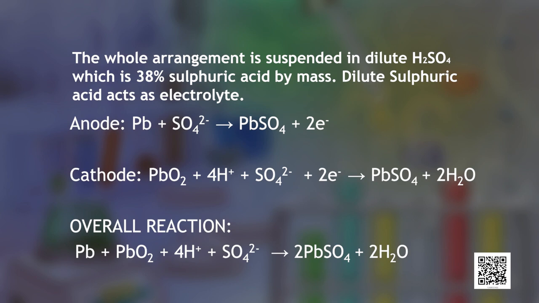So the overall reaction becomes lead plus PbO2, that is lead oxide, in the presence of hydrogen ions and sulfate ions, giving lead sulfate and water. Sulfuric acid is consumed during the discharging of the cell. On recharging the cell operates like an electrolytic cell, and electrode reactions get reversed.